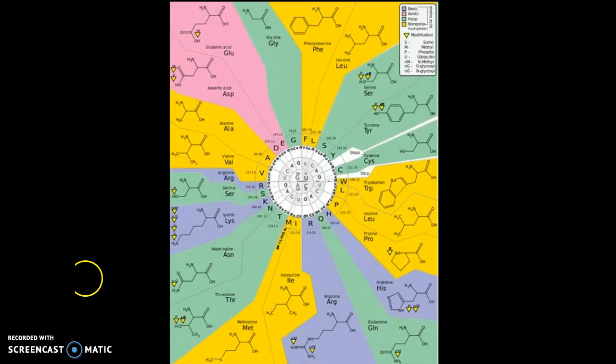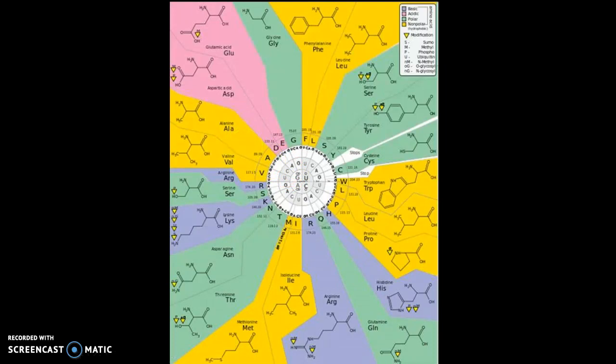So in this case, let's say you had a G, an A, and a G. GAG would lead to aspartic acid. But say GC anything will lead to alanine.